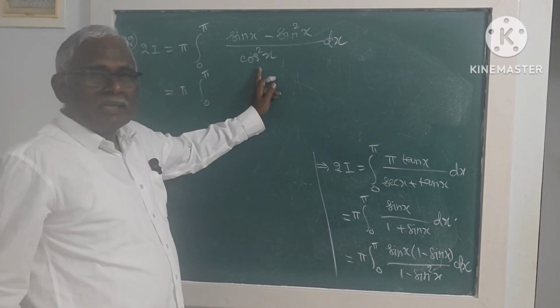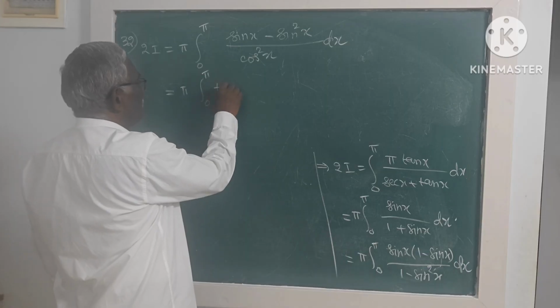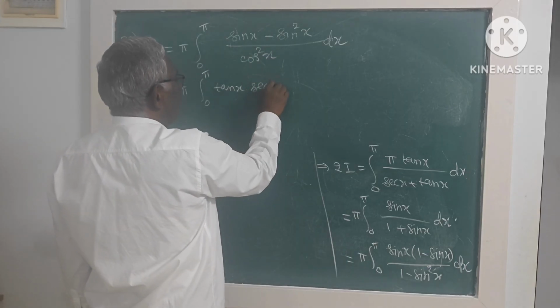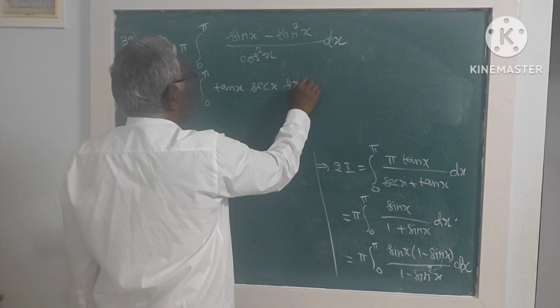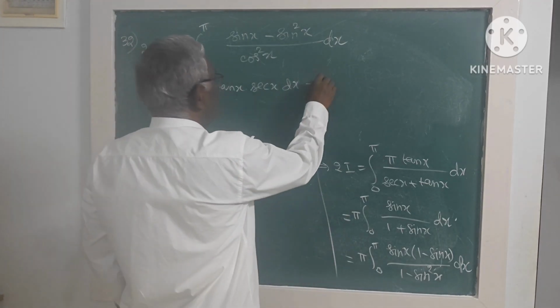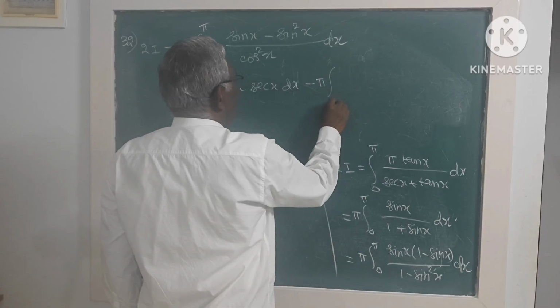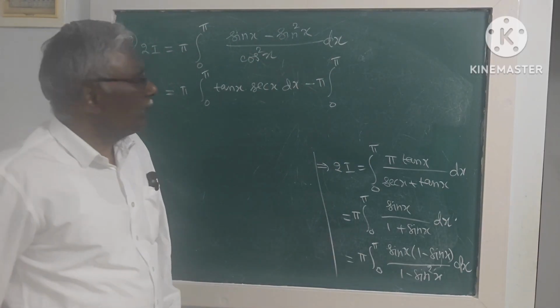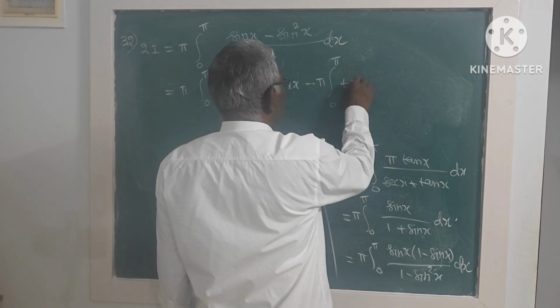Sin x by cos x is tan x, and 1 by cos x is secant x dx, minus again pi times integral 0 to pi, sin square x by cos square x, which is tan square x.